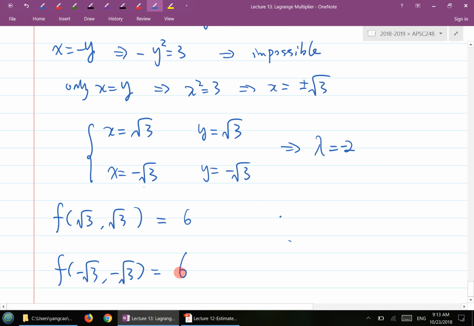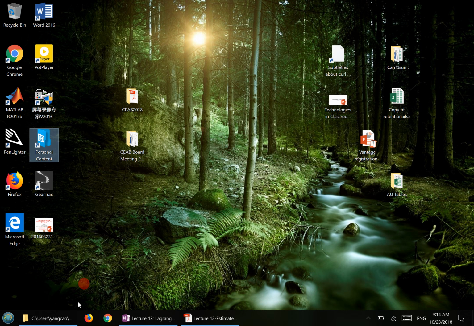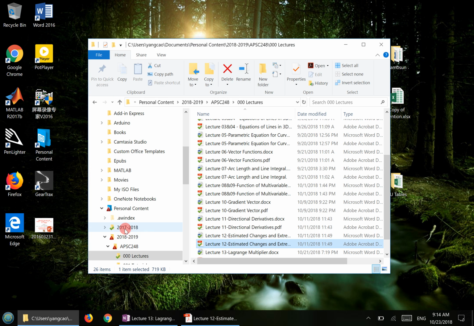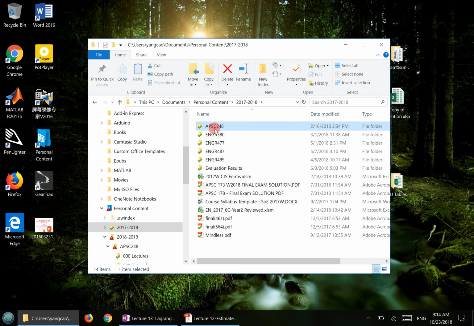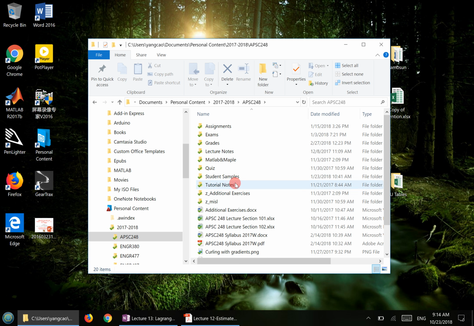Both of them equal to 6. So that means the 2 locations yield the same minimum value, which is 6. Now this is very mathematical, right? So I have no visualization of what this looks like. So I really wanted to show you what is going on here. I want to show you an animation.